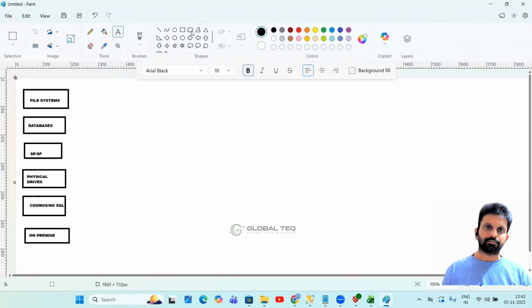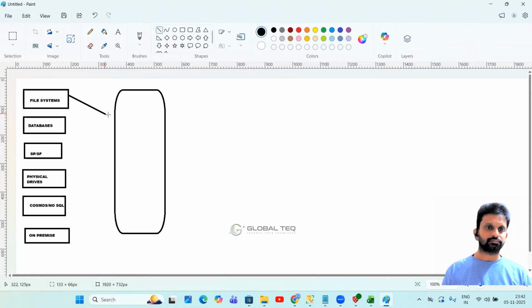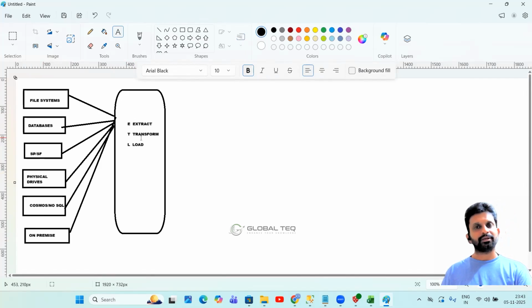Being a data engineer, our primary goal is to get the data from these systems and perform the ETL activities: extract, transform, load. You get the data from the systems, extract, transform and load the data into the standard databases.